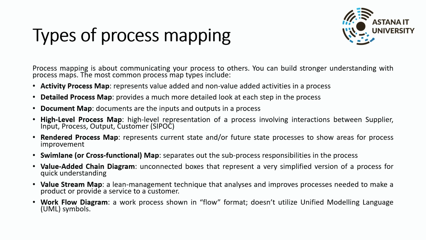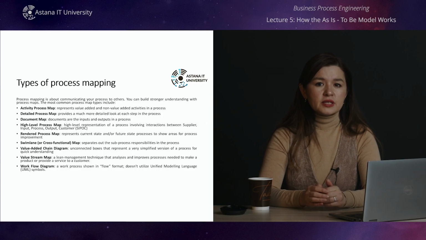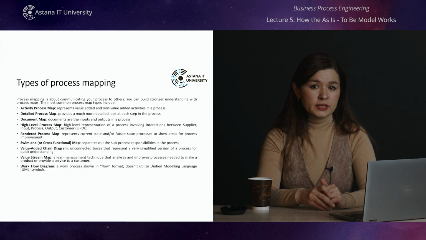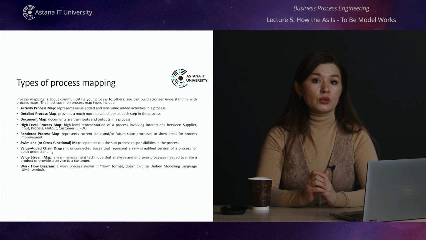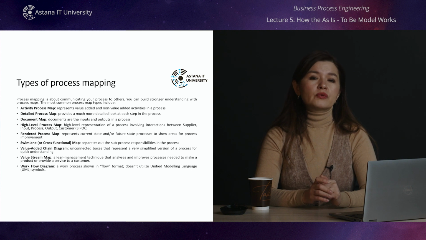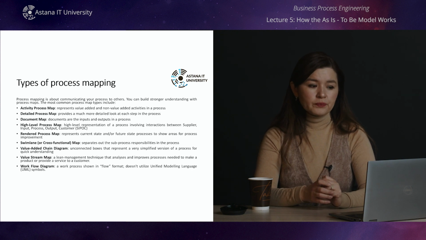Now, let's consider types of process mapping. Process mapping comes in various types, each serving specific purposes. Exploring these types sheds light on their significance in understanding, analyzing, and improving organizational processes.